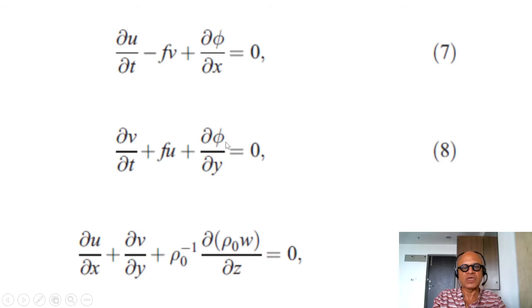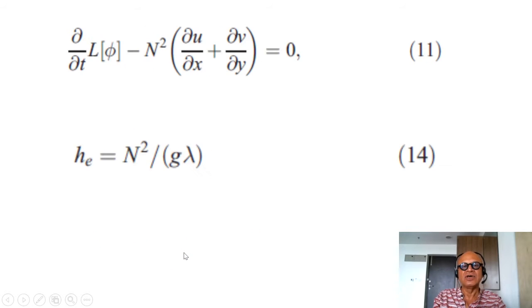But to start with, we can combine equations 9 and 10 into this form by introducing a linear operator, and then the equivalent depth becomes a function of the eigenvalues of the operator L, which is our vertical structure function. Okay, so equivalent depth then looks like N squared over g lambda, and you can assume N to be constant for simplicity to start with.